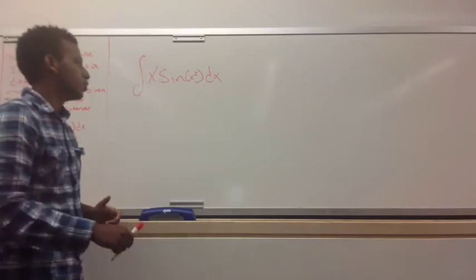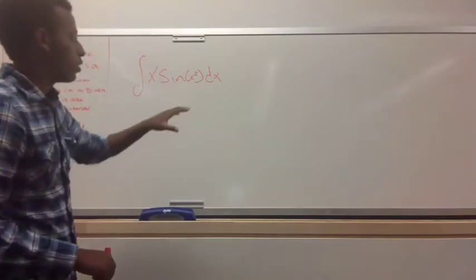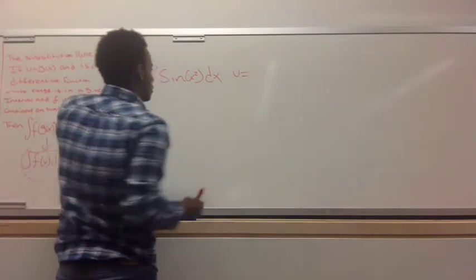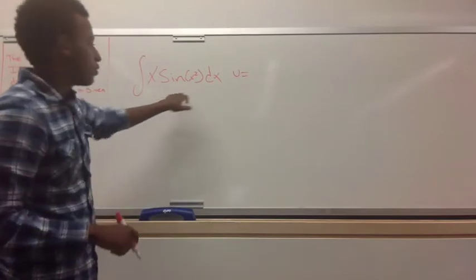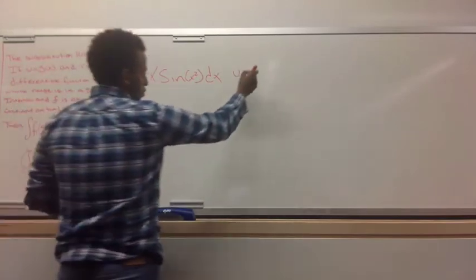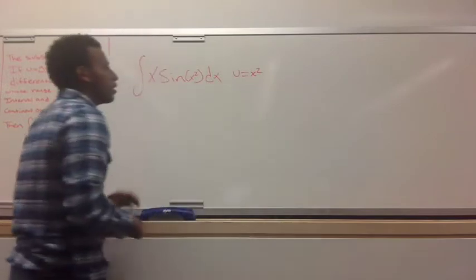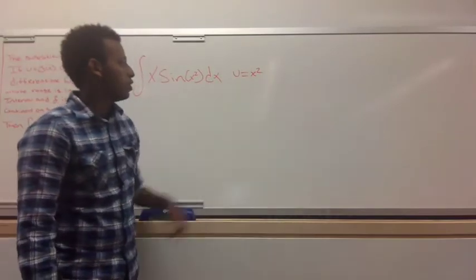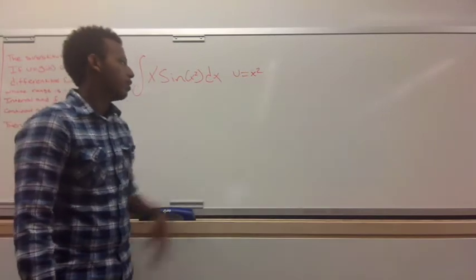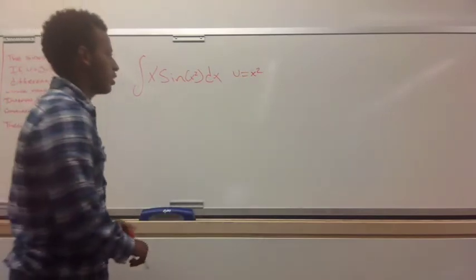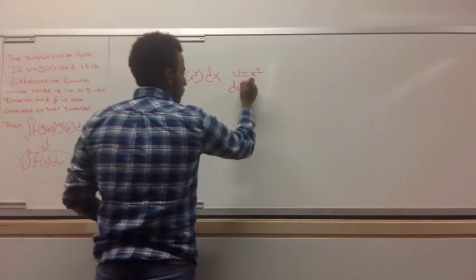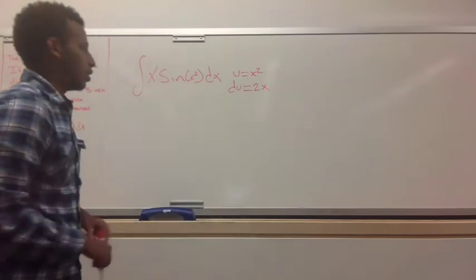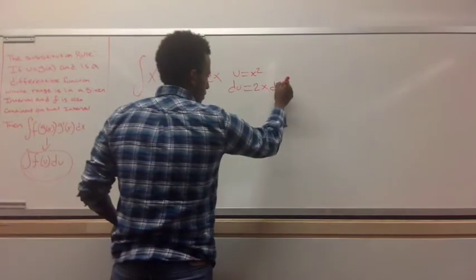Initially, what we do with the u substitution is we write our u outside and make it equal to the function that has the derivative inside, which is x squared in this case. Once we do that, we take the derivative of x squared, which gives us du equals 2x dx.